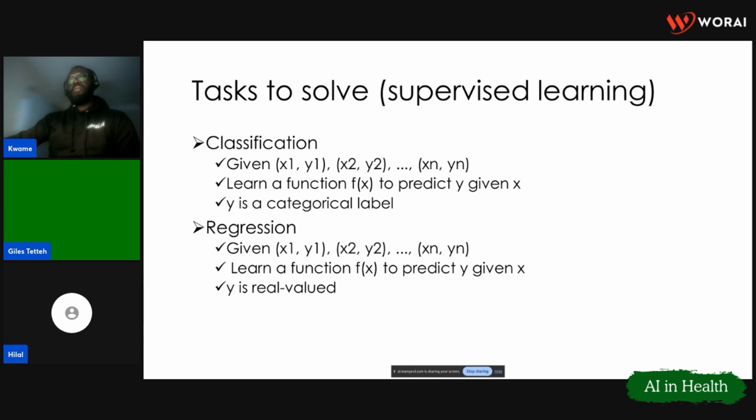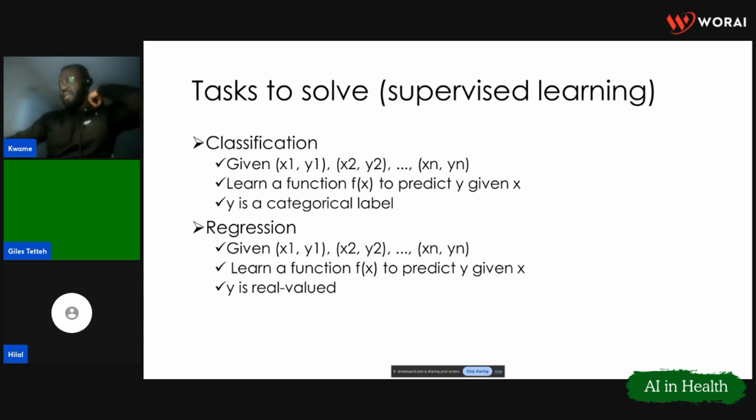So your input X would be a matrix and your Y can be a vector. And then the whole f of X will be a matrix function or a vector function. I don't know if that explains it well.